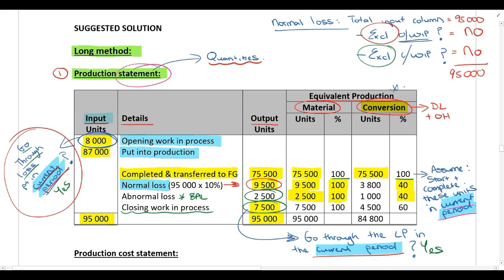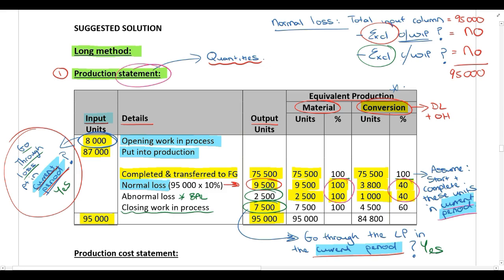The other 60% happens after the loss point. So only 40% of these units can be affected by the loss, whatever came before the loss point. For material, what came before the loss point? Everything. For conversion, I'd only done 40% of the work. So that's where those units come from.